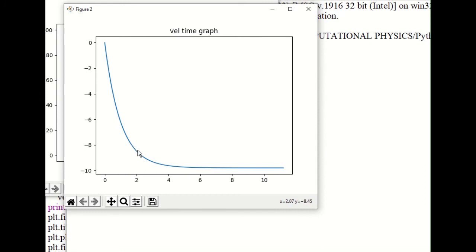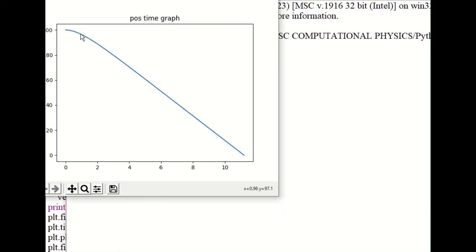That means acceleration keeps on decreasing, and at some point the velocity time graph flattens, which means it attained a steady velocity, and this velocity is called terminal velocity. You can see that the position time graph is also modified. It is almost linear at the end because it has already attained the terminal speed, so its position time graph will be a straight line. Correct?